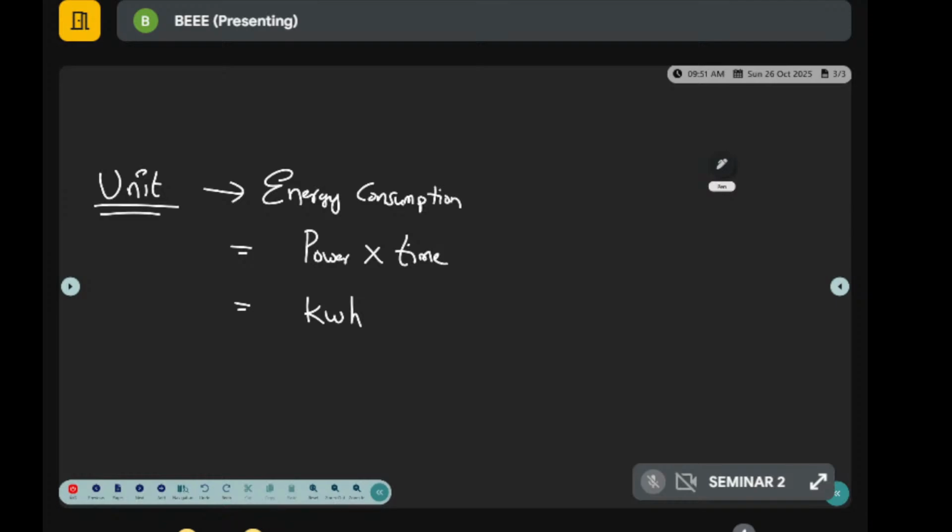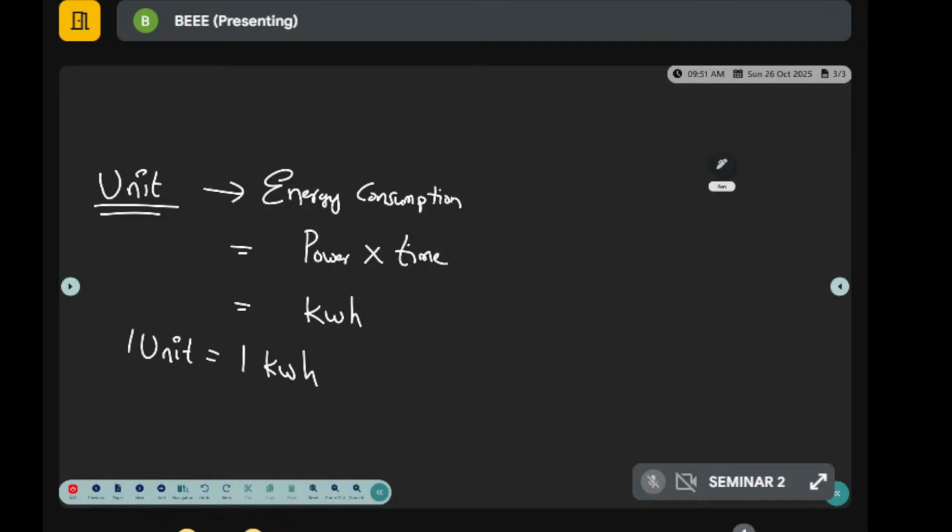So it means 1 unit is equal to 1 kilowatt hour. 1 unit is nothing but 1 kilowatt hour. For example, for 1 month, 100 units consumed means 100 kilowatt hour energy consumed.